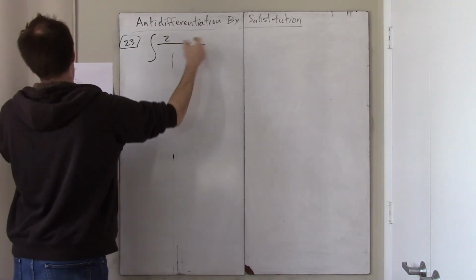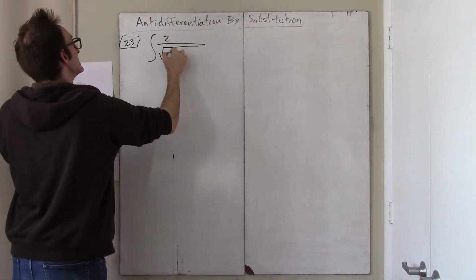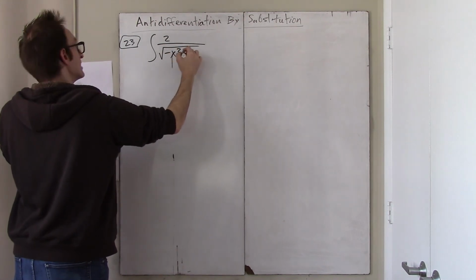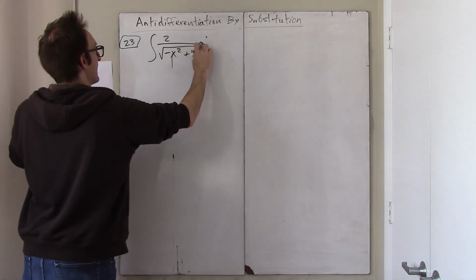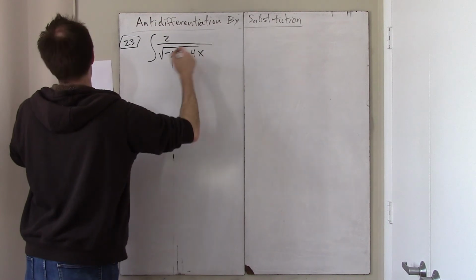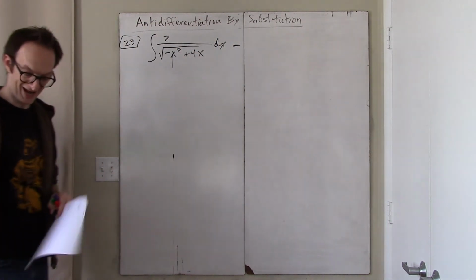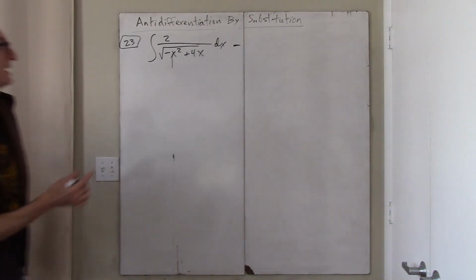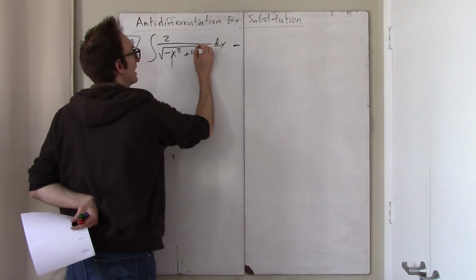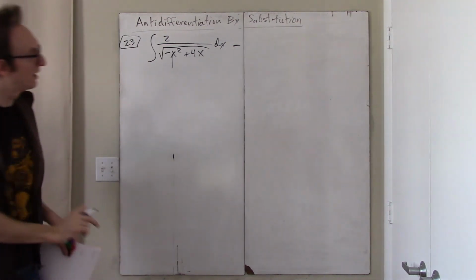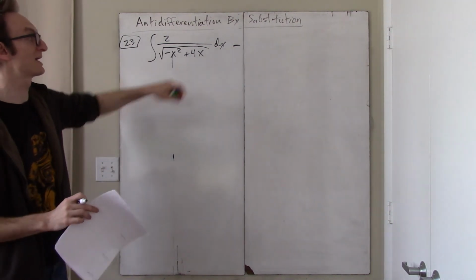Antiderivative 2 over root negative x squared plus 4x. And it's hard to know why or what to do next here, but at the moment it does not look like some chain rule happened here. And frankly, I don't recognize this as being anything.